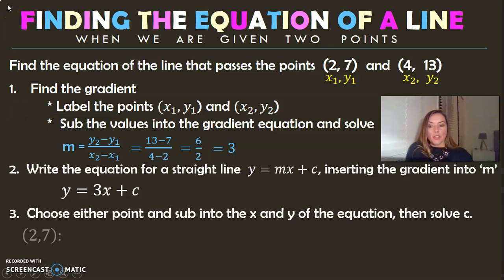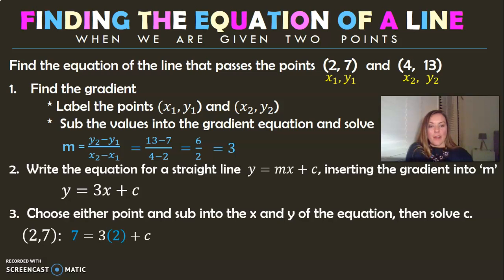So I'm going to choose the point 2, 7 to substitute into here. I'm going to identify that this 2 here is my x, this 7 here is my y, and these numbers are going to go directly into this x and y here. That's going to give me 7 equals 3 multiplied by 2 plus c.